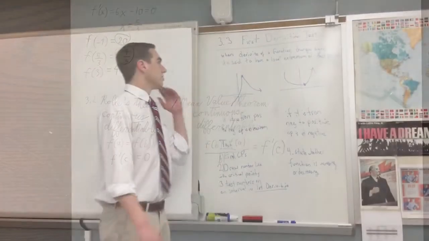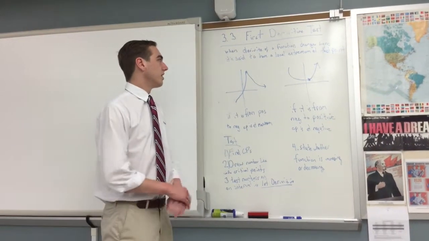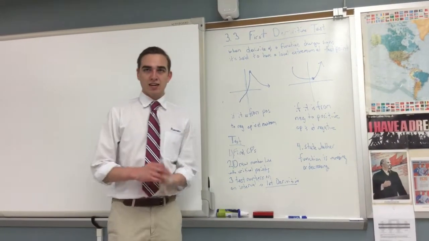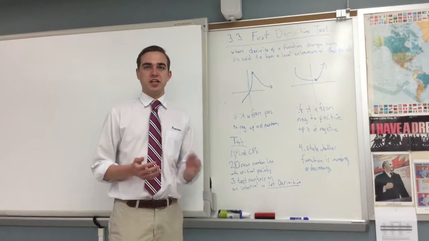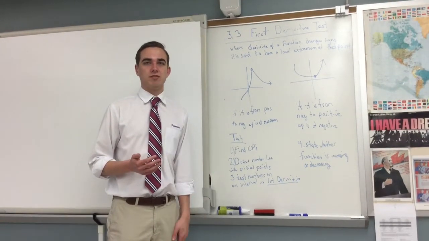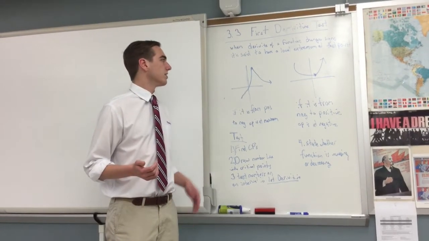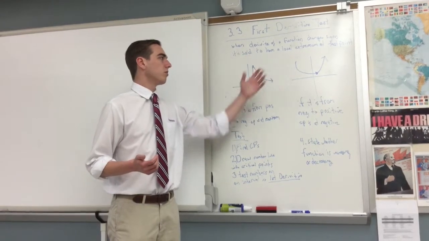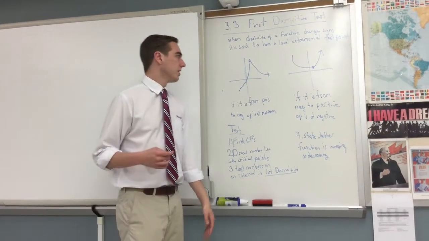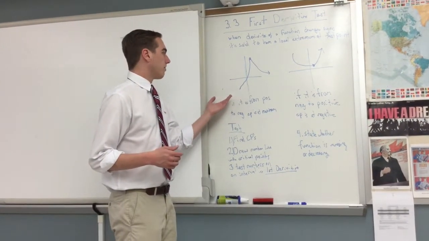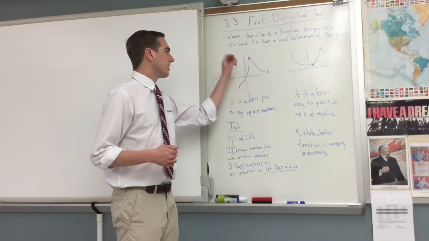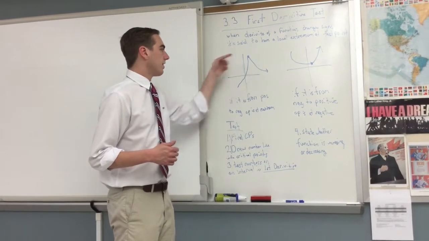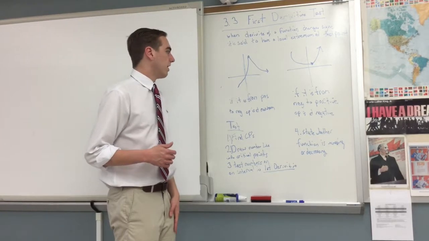So that's that. The first derivative test is used when the derivative of a function changes signs on a graph, and it is used to find the local extremum at that point. In this example, you have it going in a positive direction, stopping, and going in a negative direction. That is your critical point right there.